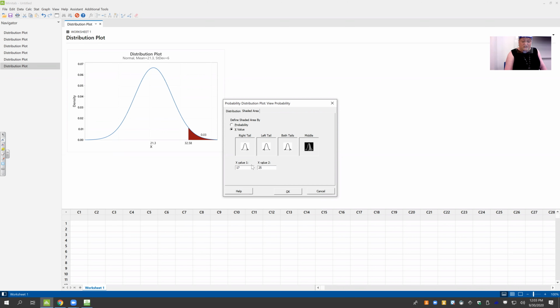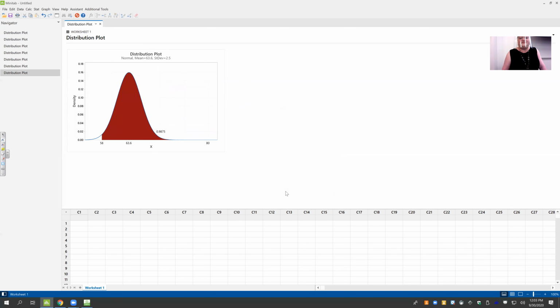Okay, so my lower value is 58. The upper value is 80. And you get this picture. And it gives you that probability, okay? 0.9875.